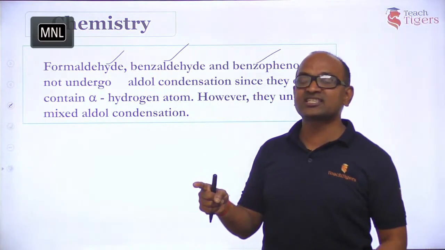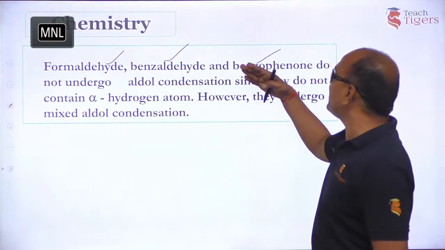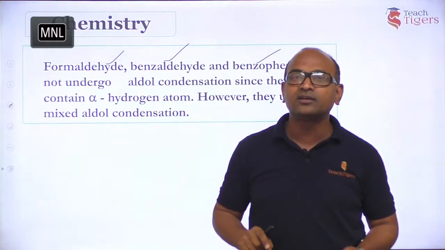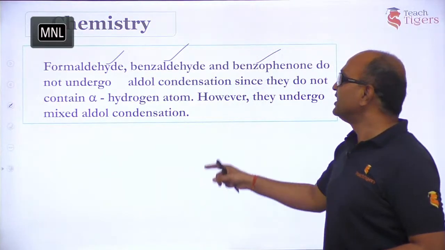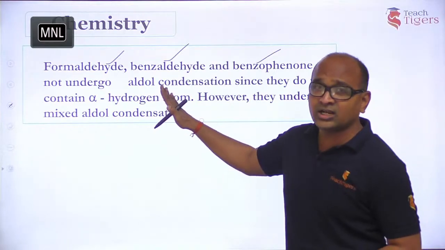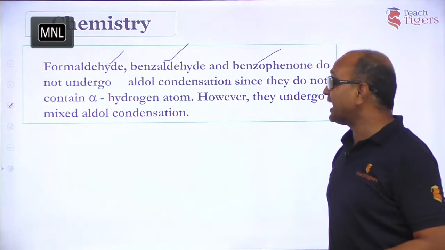Such reactions are carried out between formaldehyde or benzaldehyde or benzophenone and another aldehyde containing alpha hydrogen. Now this can be synthetically important because they do not form enolate ion. Such compounds can undergo nucleophilic attack.